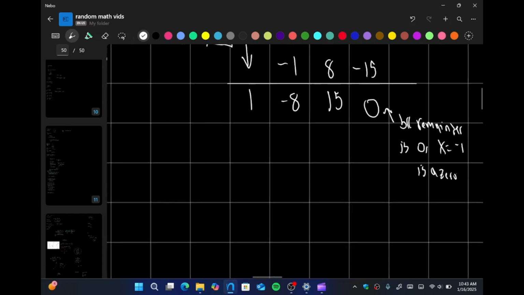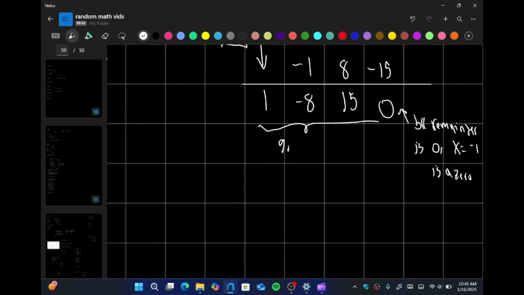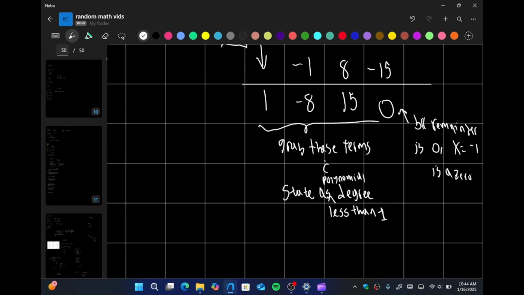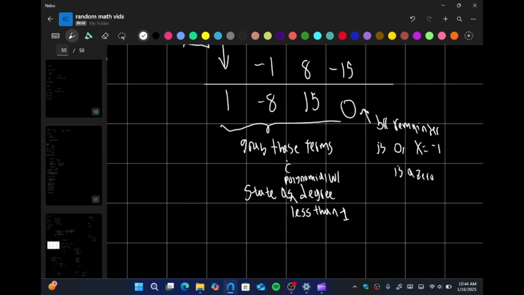Now we're going to grab a polynomial with degree less than the previous polynomial, one degree less.